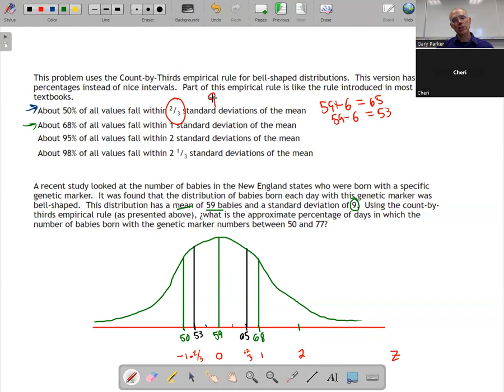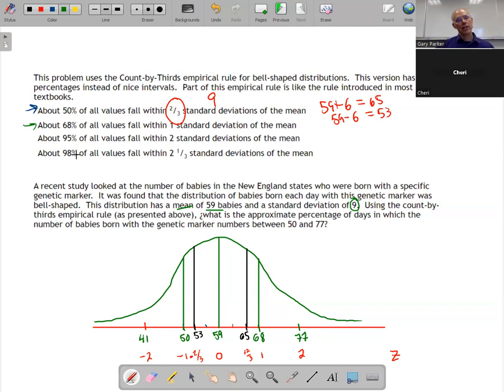And 9 is a standard deviation, so 59 plus 9 is 68. 68 plus 9 is going to give us 77 on that side. And then if I go the other direction, 1 standard deviation, 2 standard deviations is maybe about right here. So that's a z-score of -2. And an actual value of 59 minus 9 is 50, minus another 9 would give me a score of 41. Right there.